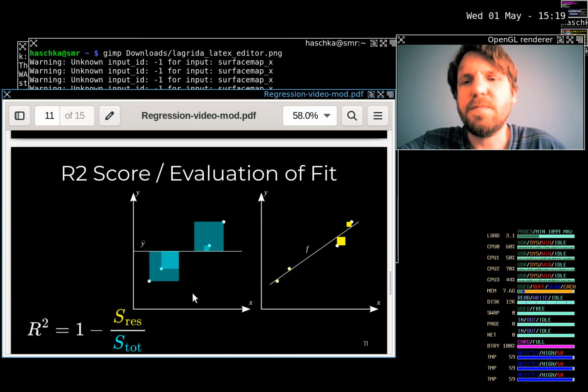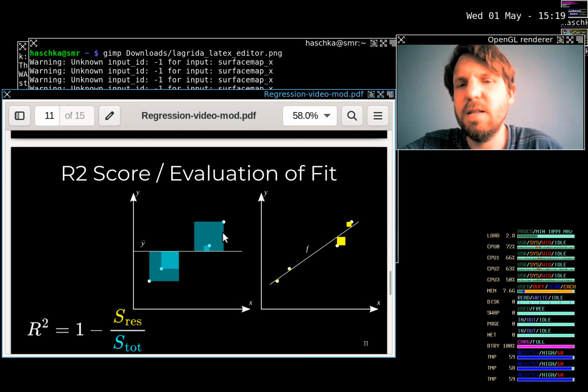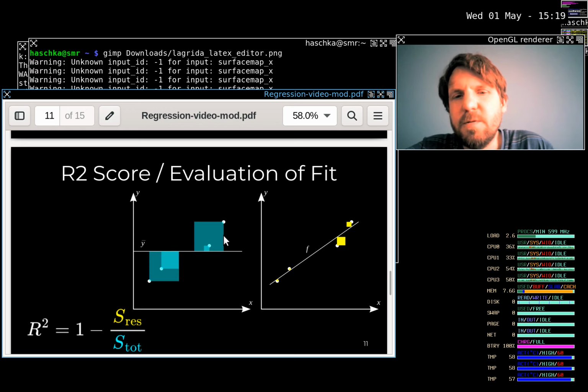But the story is that you take these squares: you take the distance from this mean to the point, and you calculate the square, shown here as a square to make this a bit more illustrative. So you just take the squared distance from this mean to the point. Then you generate your fit.